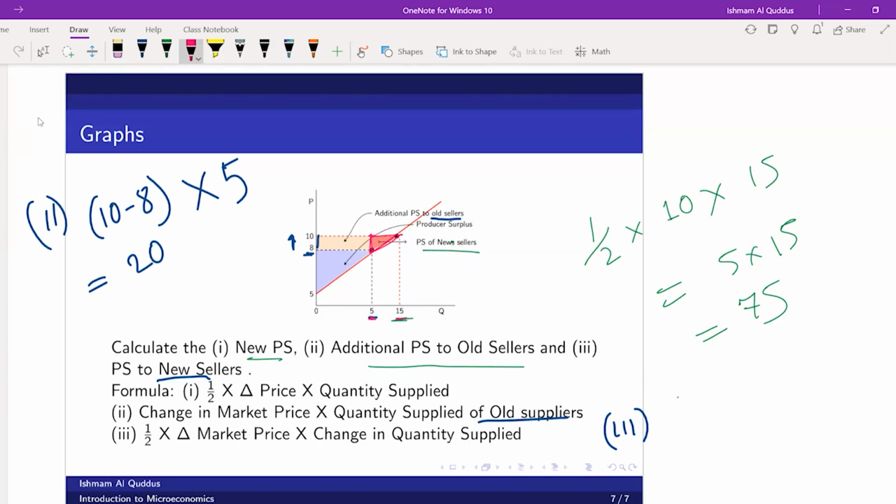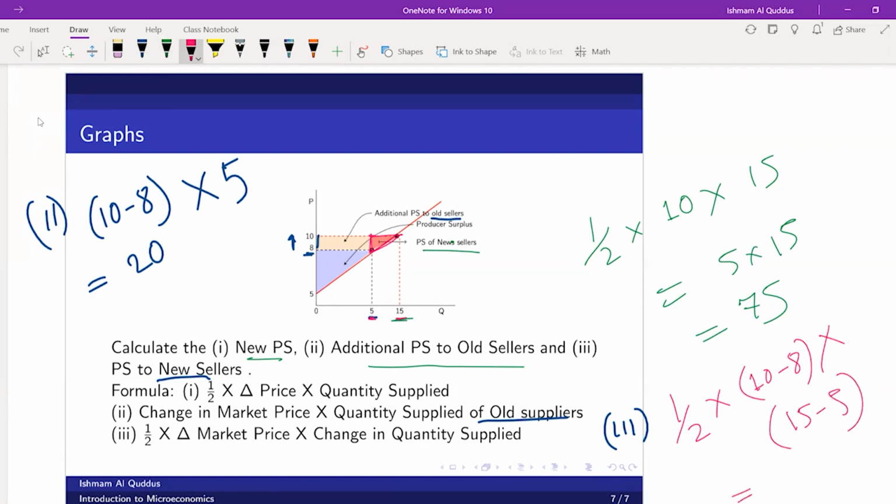The way we calculate this is half multiplied by 10 minus 8, multiplied by 15 minus 5.